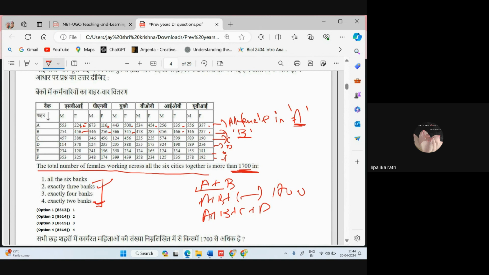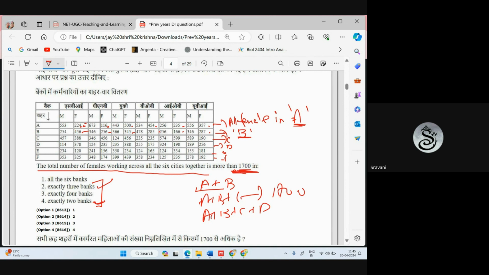This is a new question, sir. Yes, very simple question, just a little bit of reasoning. Here they are asking about the total number of females working in all cities already. That means we need to add all of A, B, C, D, E, F, then only it will come to a larger number, right? Then how can we make it A plus B plus C only?